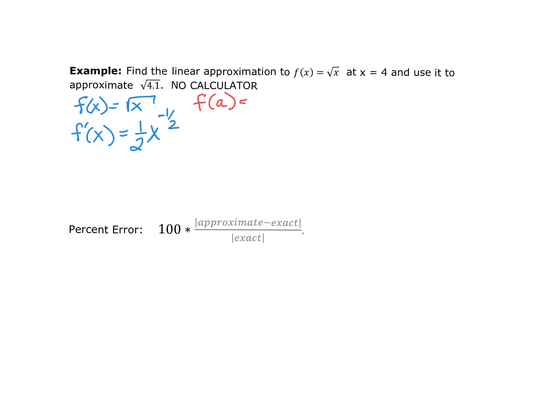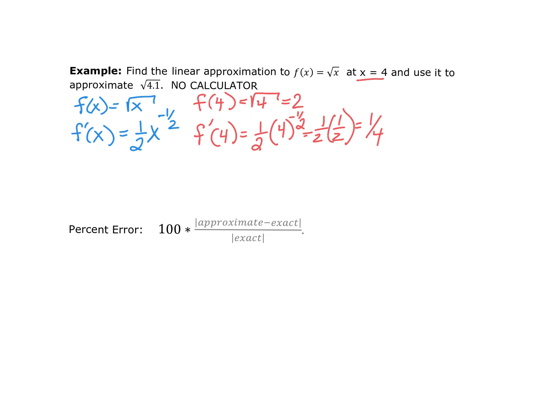What's our a in this case? Our a is 4. So the function value at 4 is the square root of 4, which is 2. And the derivative at 4 is 1/2 times 4 to the negative 1/2. Well, 4 to the negative 1/2 is 1 over the square root of 4. So we're going to get 1/2 times 1/2, or 1/4.